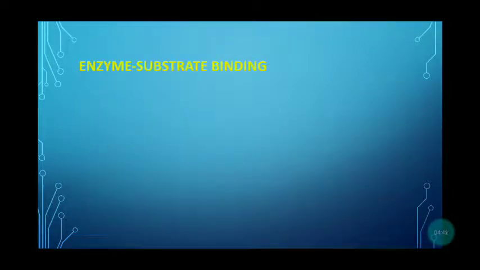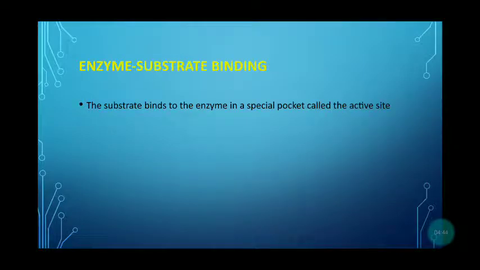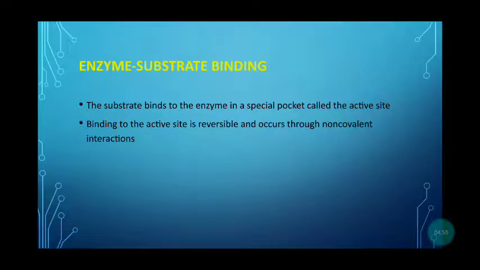Moving on, we have the enzyme substrate binding. Before a reaction can be catalyzed, the enzyme and substrate must bind. The substrate binds to the enzyme in a special pocket called the active site. Binding to the active site is reversible and occurs through non-covalent interactions.